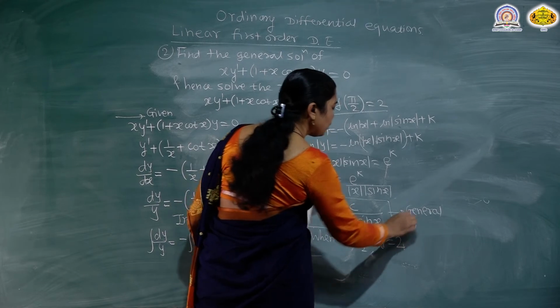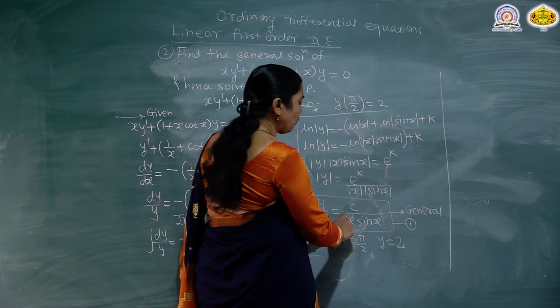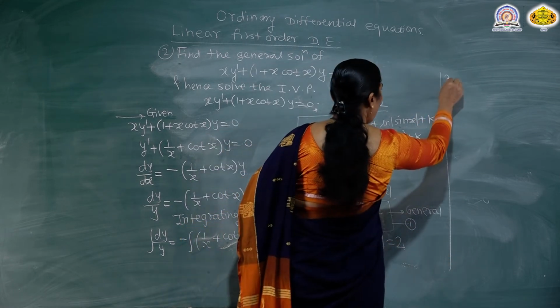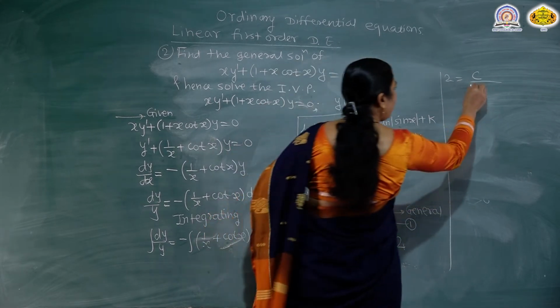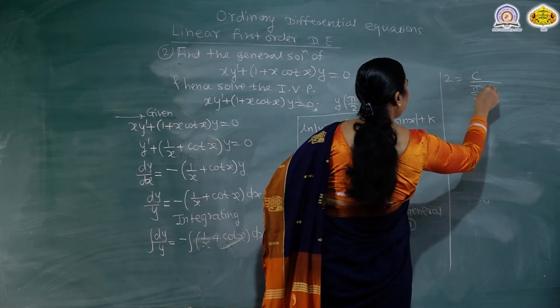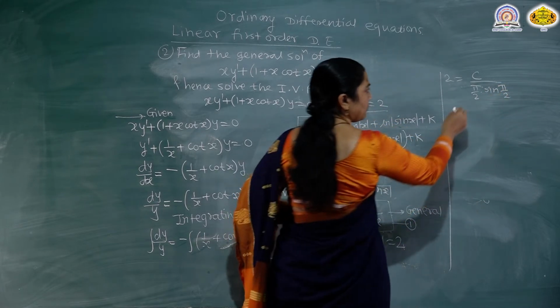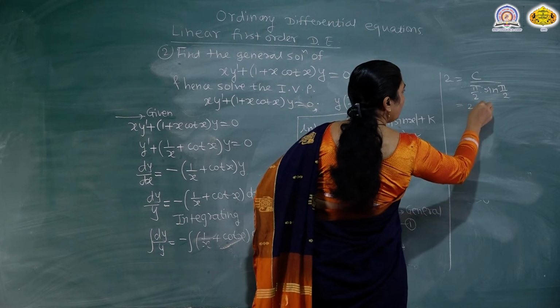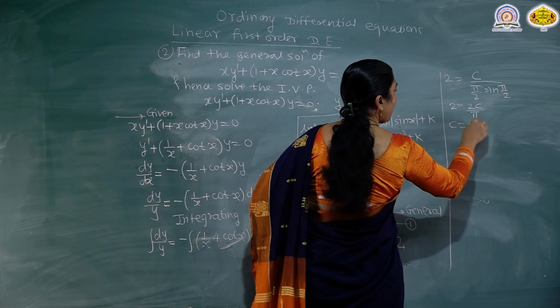So, we substitute this in equation 1, substituting x is equal to pi by 2 and y is equal to 2, we get 2 is equal to c upon pi by 2 into sin pi by 2. We know that sin pi by 2 is 1 and therefore, we get 2c upon pi is equal to 2 or c is equal to pi.